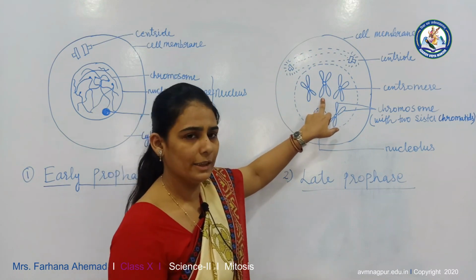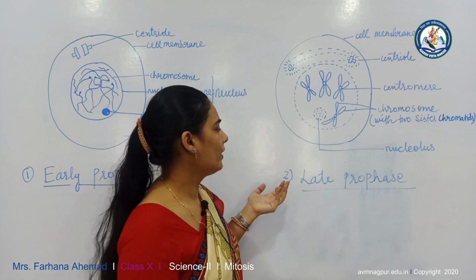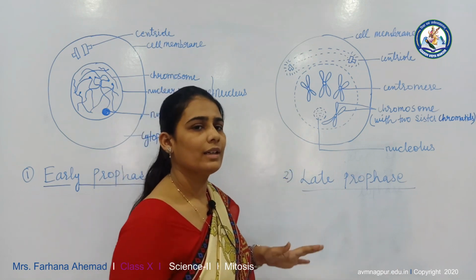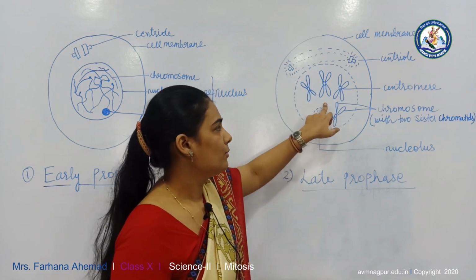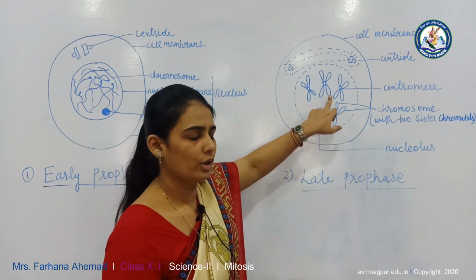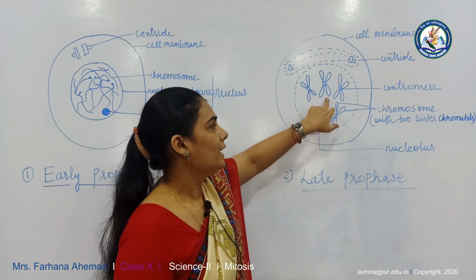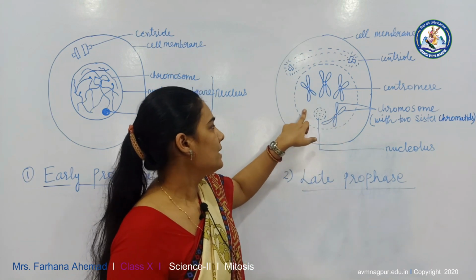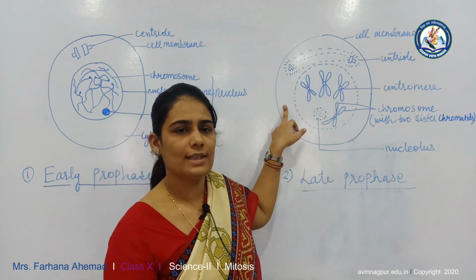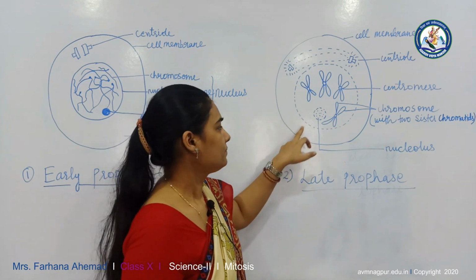Now in late prophase the chromosomes appear clearly, which were condensing or dehydrating in the early prophase. In late prophase they are condensed clearly and are visible also. They become short, coil in early prophase, and after coiling they are visible clearly. And you can see here the nuclear membrane and nucleolus are going to disappear.